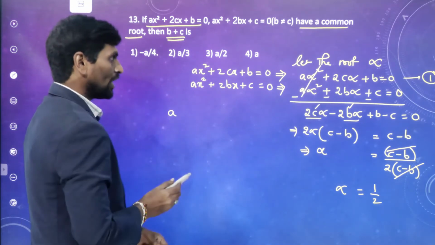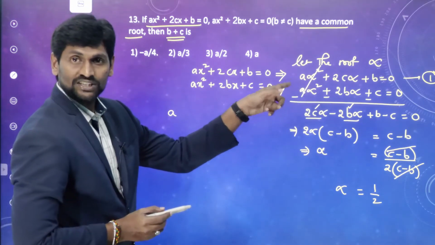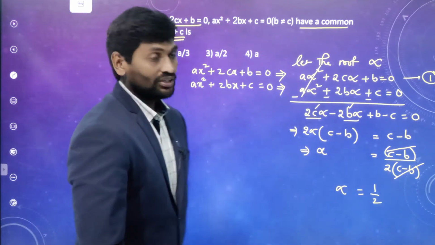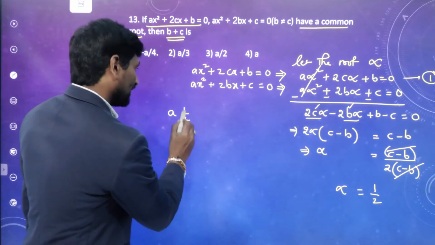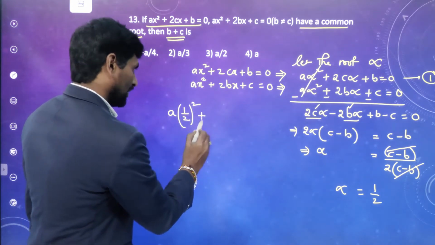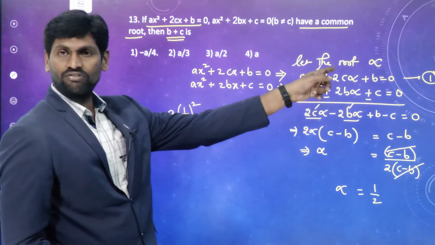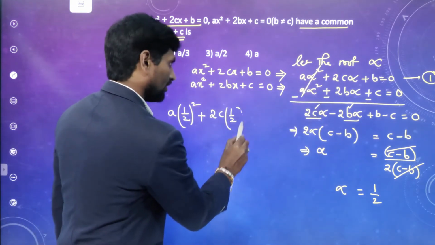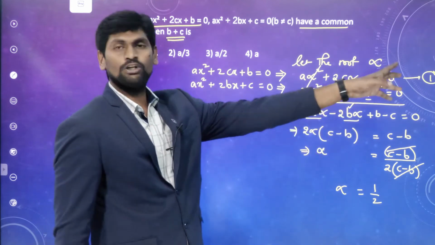So a into alpha square. In the place of alpha, what should I substitute? 1 by 2. So a into 1 by 2 whole square plus 2c into alpha, in the place of alpha 1 by 2, plus b equals to 0.